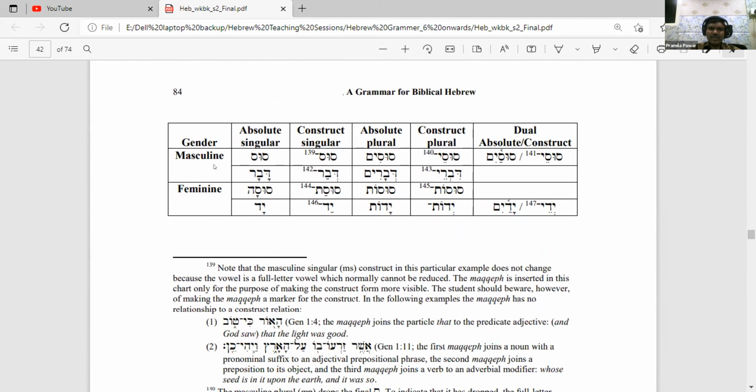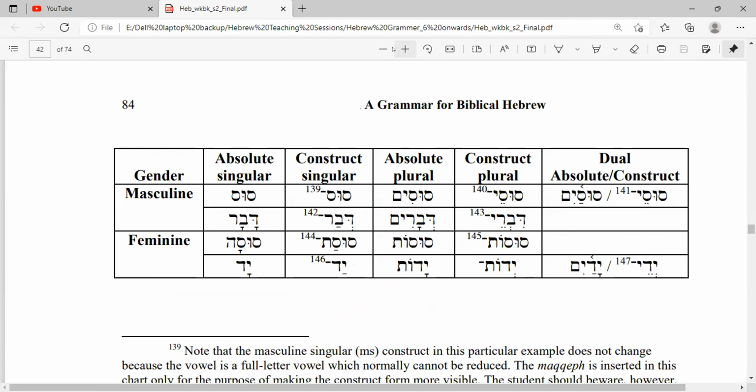Now, can you see here absolute singular, construct singular, then absolute plural and construct plural, and also dual. Everybody, can you see this chart? Yes, sir. Okay, I will enlarge it so you may see it clearly. Masculine. See this absolute singular.